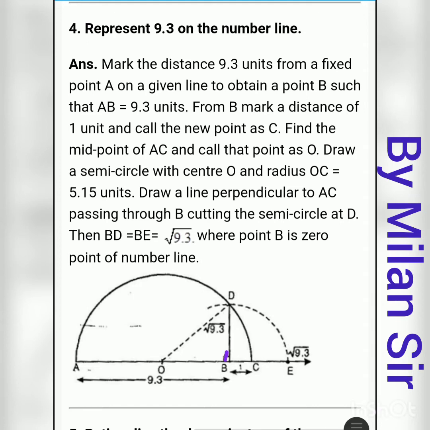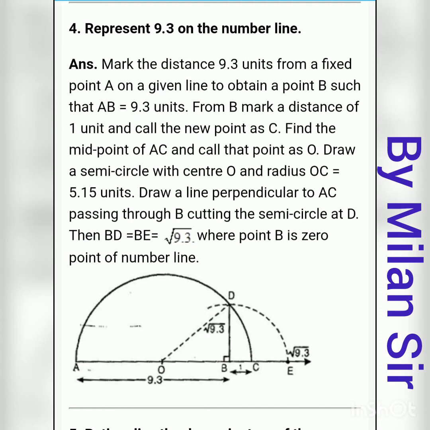So take a radius BD. First of all, put your rounder at point B and take radius equal to BD. It means radius is equal to under root 9.3, because your BD is equal to under root 9.3.